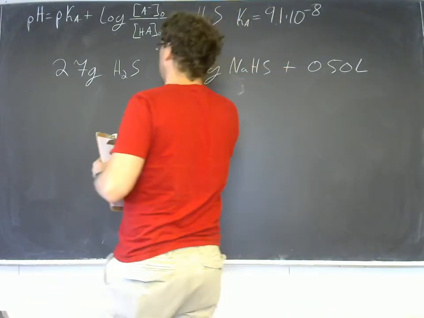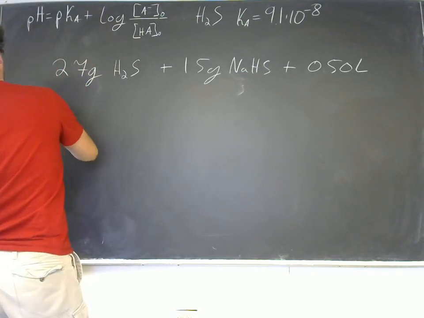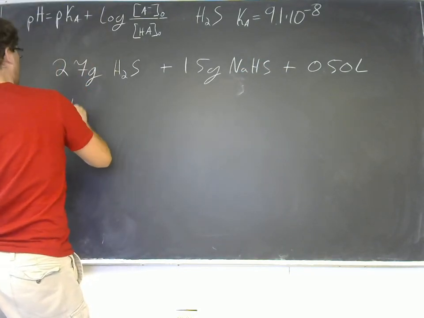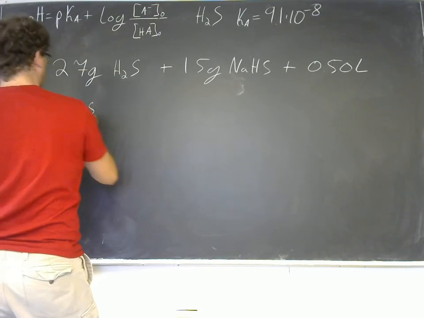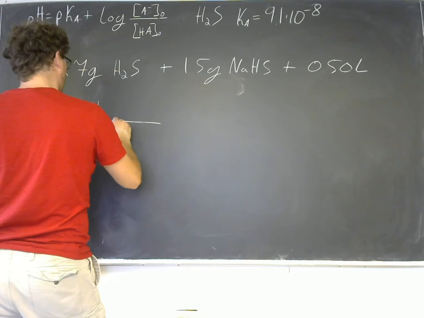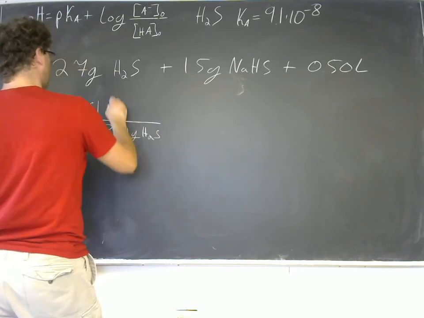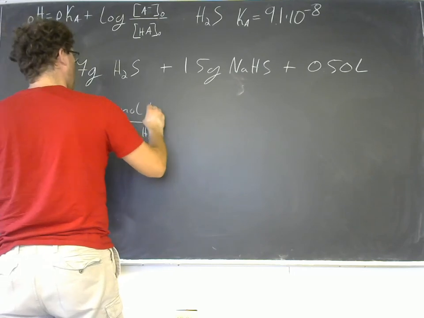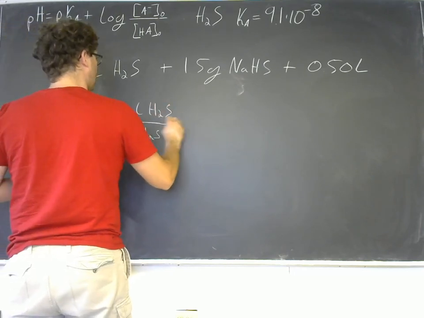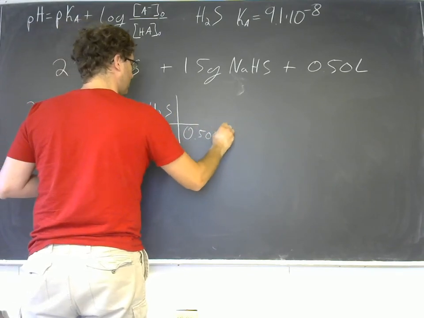And so let's figure out what's my concentration of acid. 2.7 grams of H2S, and I have 34.1 grams of H2S is 1 mole of H2S. And we're going to divide that by 0.500 liters.